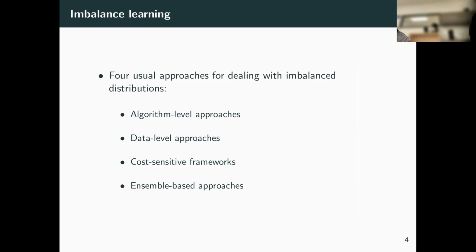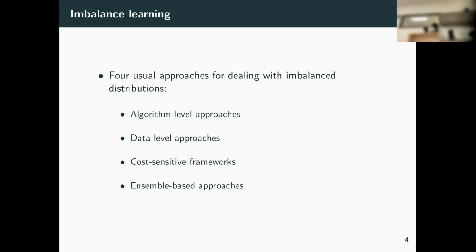Usually, how we deal with imbalanced learning is divided into four categories of approaches. The algorithm level approaches adapt the existing models to take into account the imbalance. The data level approaches try to process the data in order to rebalance the classes.